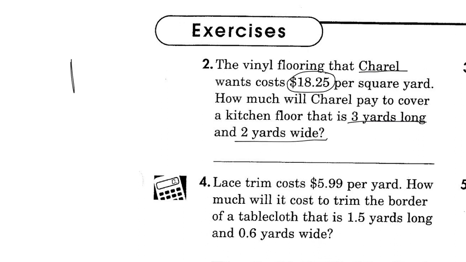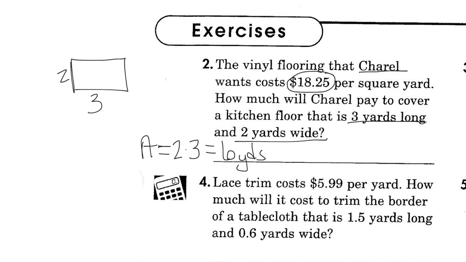So if I draw my picture, this is a 2 by 3. And if I'm putting flooring down, that means I'm going to find the area. So area equals 2 times 3, which equals 6 square yards. And I know that it costs $18.25 per square yard.